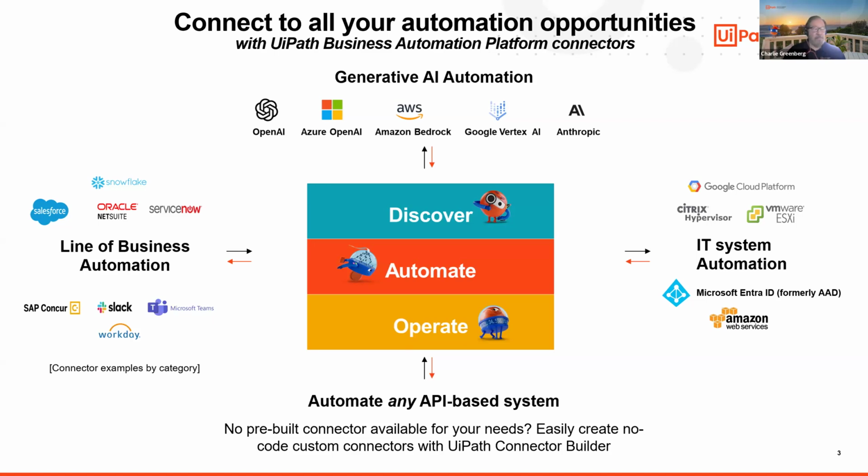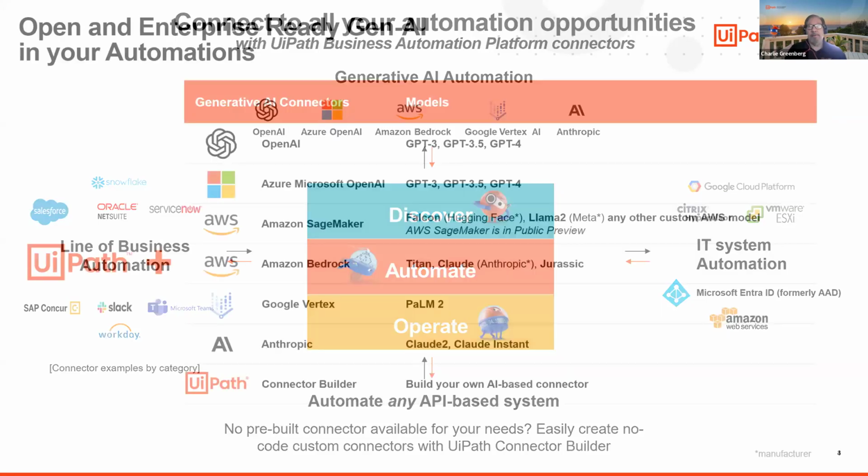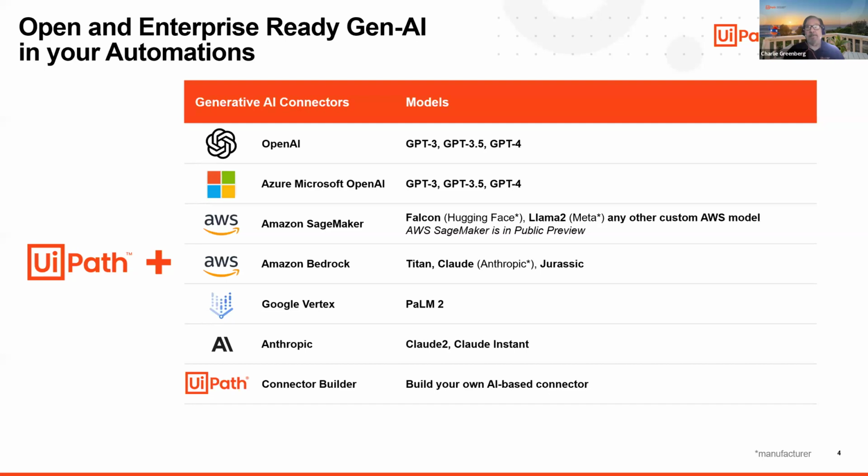So let me also point out that we're talking about Gen AI in terms of connectors. And this slide particularly demonstrates the highlights available from our particular collection of generative AI connectors, which will provide direct access to the best AI models that the industry has to offer.